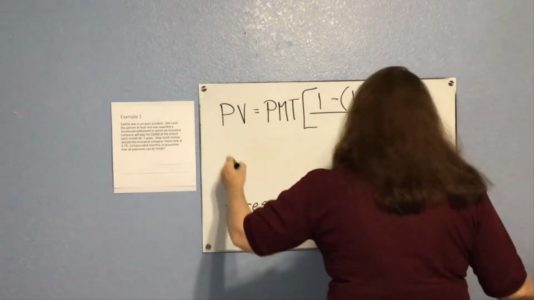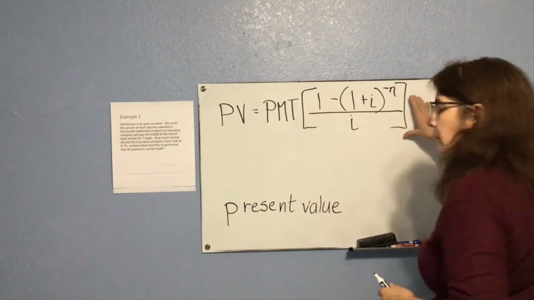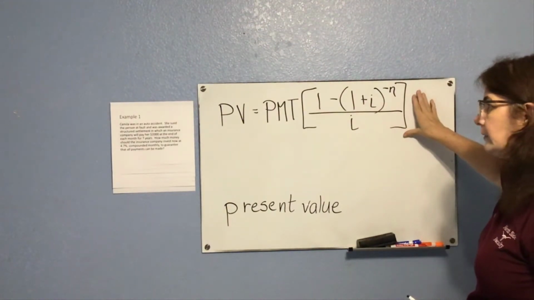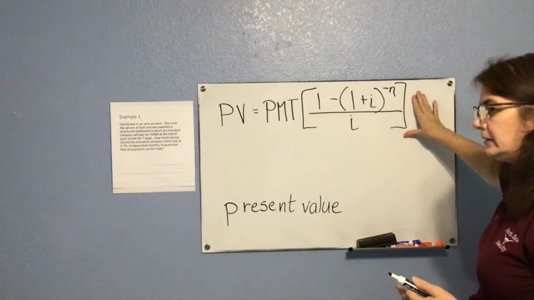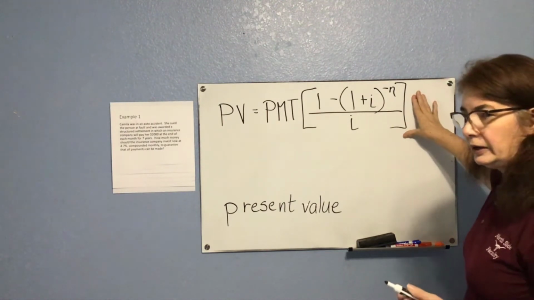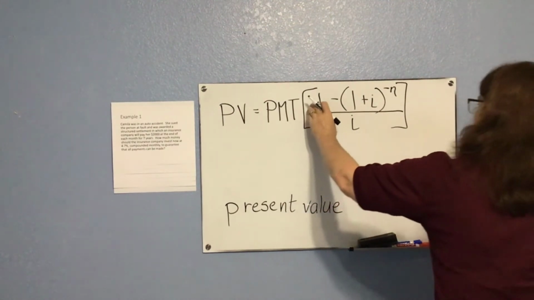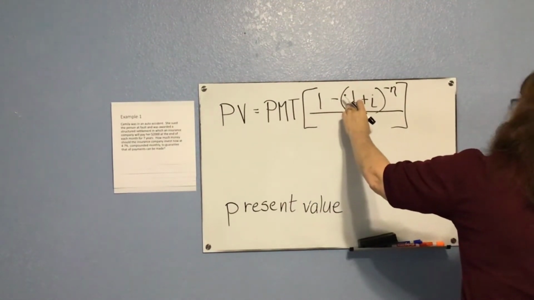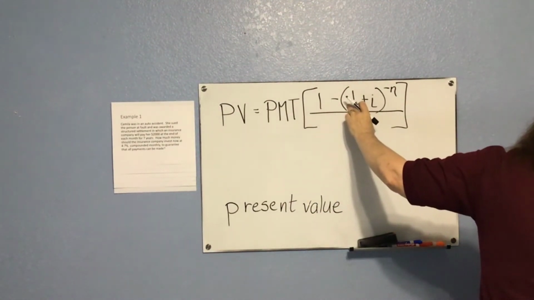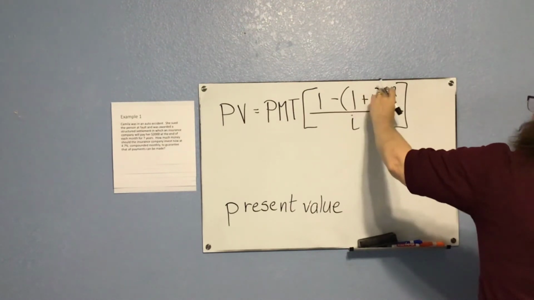It's important not to confuse this formula for the present value with the formula for an annuity's future value. In this one, the numerator is 1 minus (1 plus i) to the negative n power.